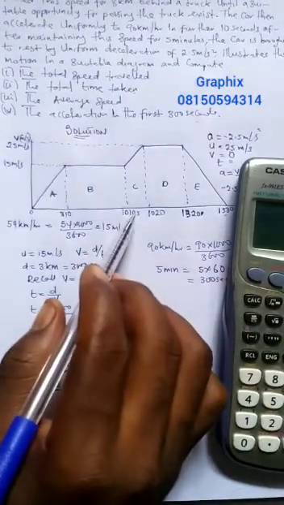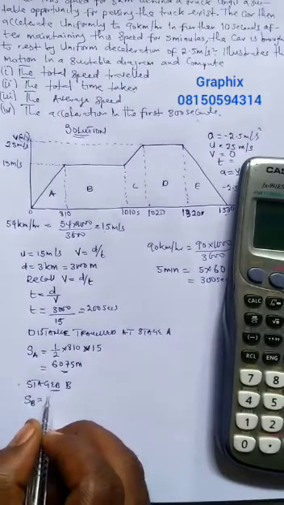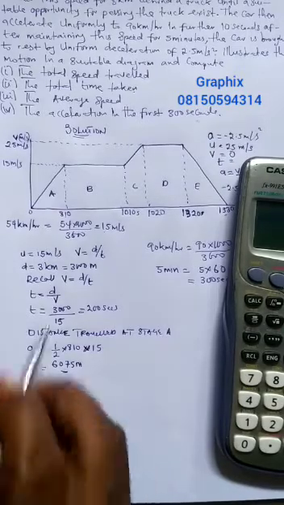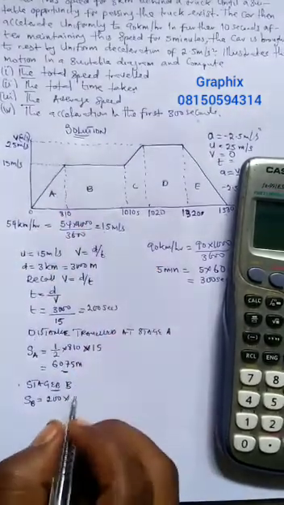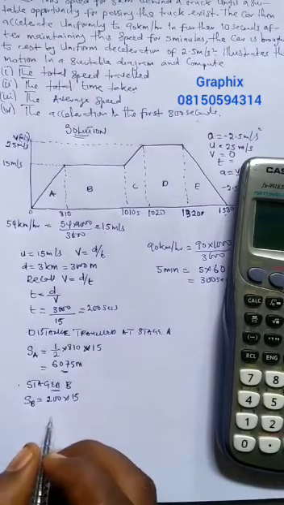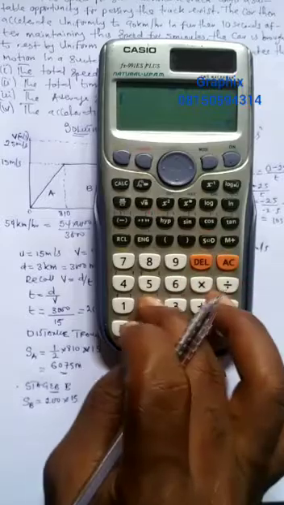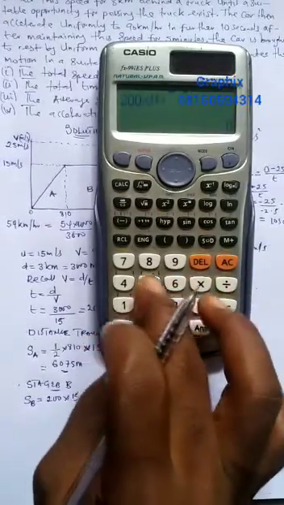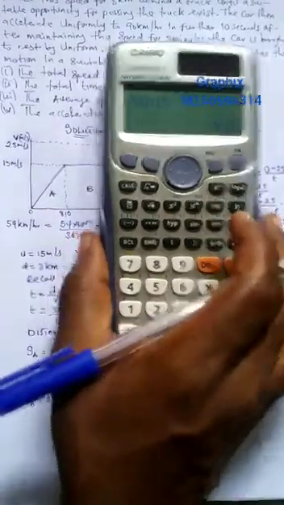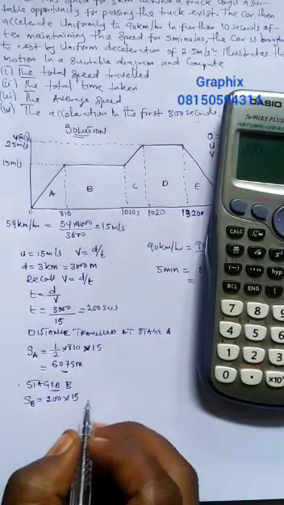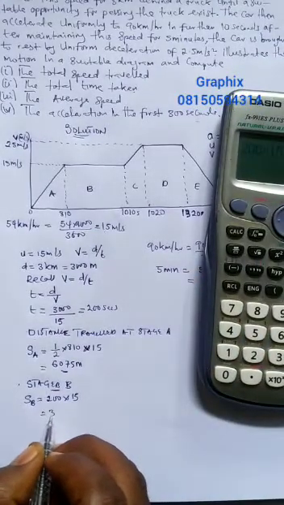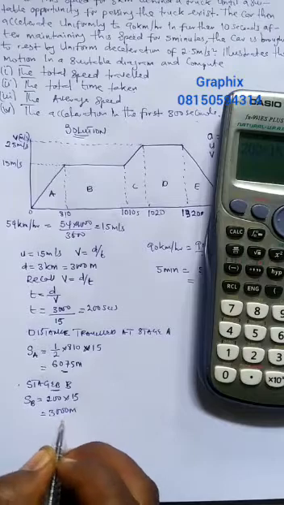That will be 200, right? So it will be 200 multiplied by the height, which is 15. So we multiply that, 200 multiplied by 15, that is 3,000. So this one here will give me 3,000 meters.